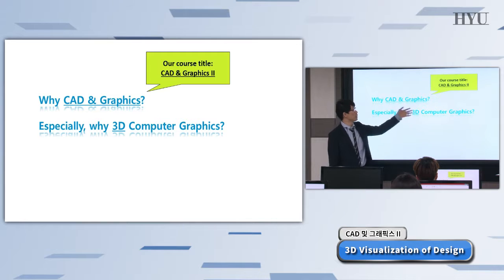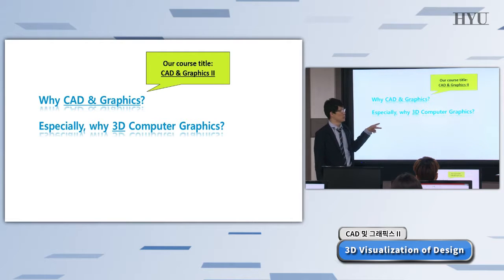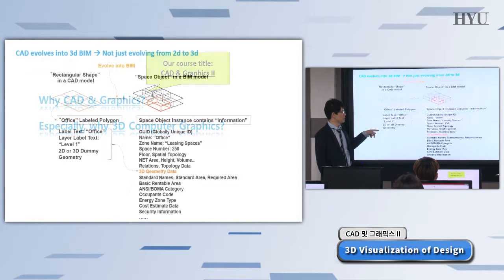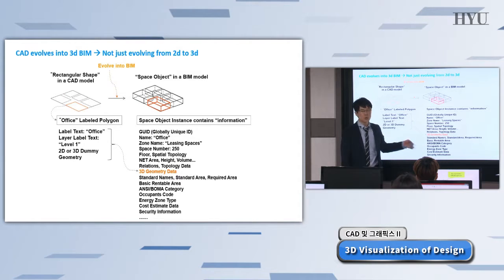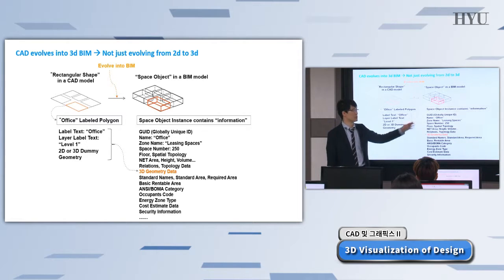But based upon that, now it's time to move on to something more advanced, for example, like this. So at the end of this semester, I'd like to show you some easy example by using the Autodesk Revit application for previewing building information modeling. And next semester, we're going to deal with such parts as well as some geometric modeling.